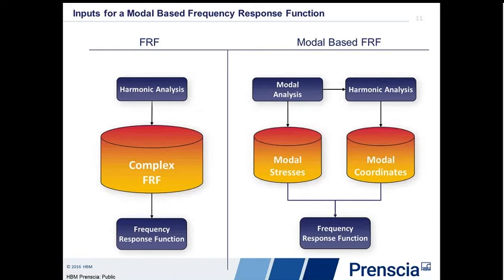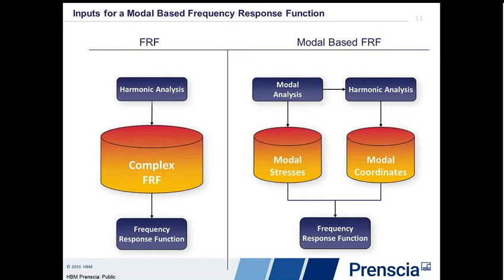Most times when we're doing these calculations, we're calculating the frequency response function in the modal domain to begin with, because it's far more efficient than using the nodal degrees of freedom as my inputs. So we're already doing a modal-based calculation.